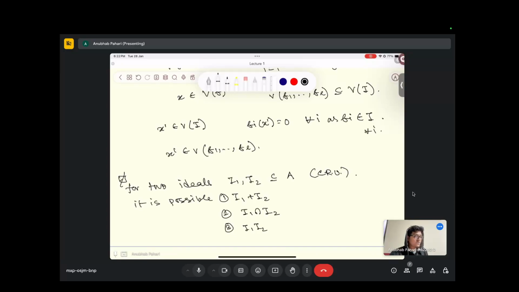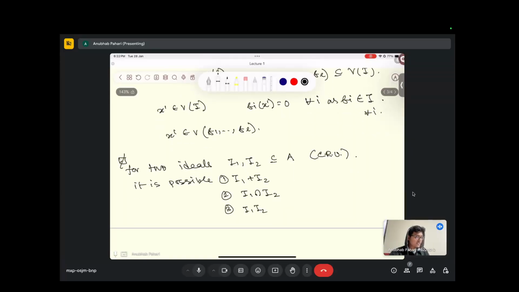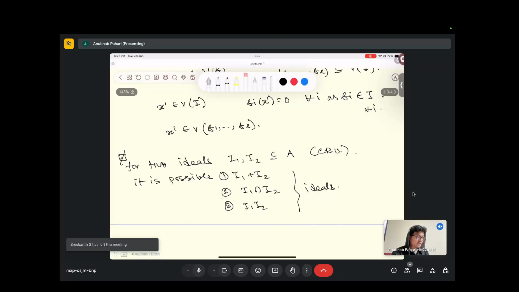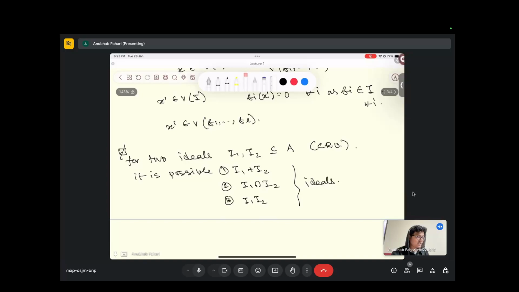And these are all ideals. This is only an ideal when you talk about a commutative ring. It's not true in a non-commutative ring, but I cannot explain everything in this class.